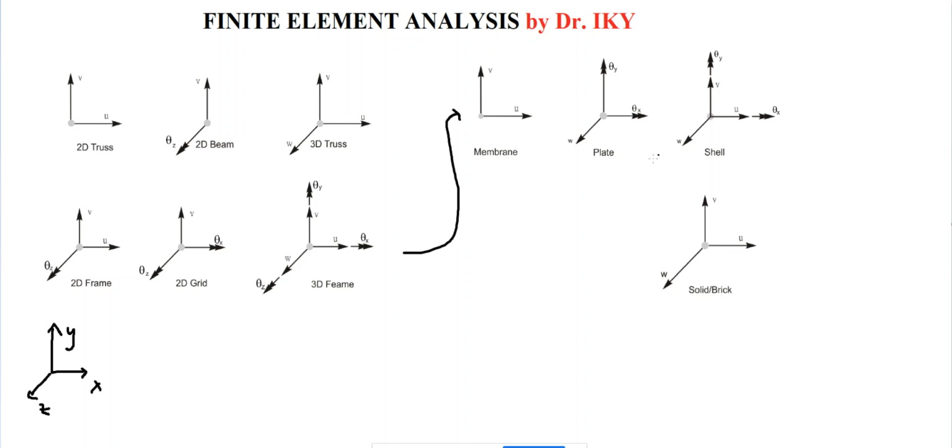And shell, as I told you in this one's description, we said that there is no thickness, of course, but we can give an additional thickness to the plates. But when you are using shell, yes, you can give additional thickness, but you cannot see it on the computer.